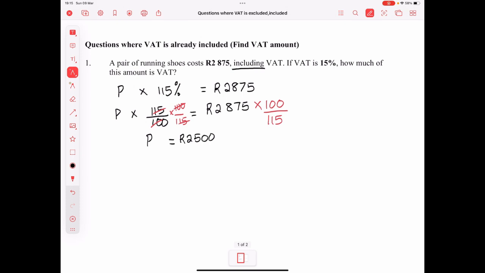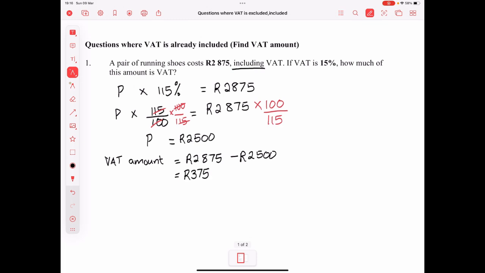Now your VAT amount is going to equal 2,875 subtract 2,500. Okay, work that out with me, and you end up with 375 Rand.